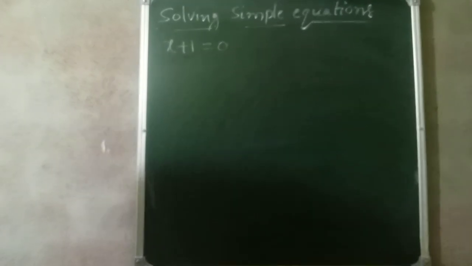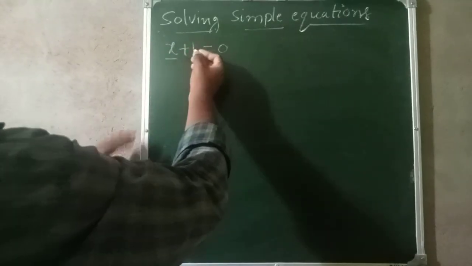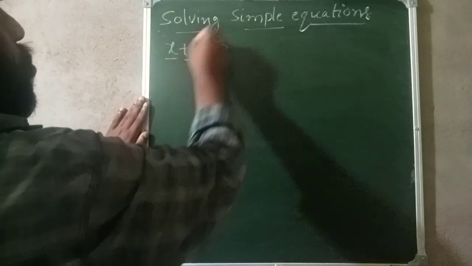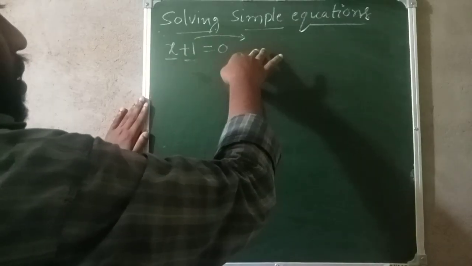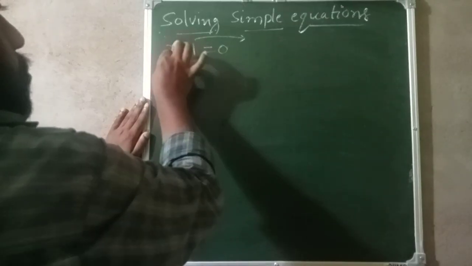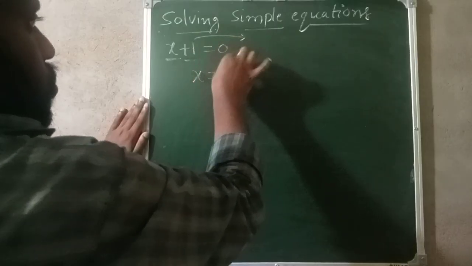It's a very simple equation. We have to find the value of x. Keep this x on one side, and move whatever remains to the other side. We have to move this plus 1 to the other side. In the next step, write x is equal to, write this 0.